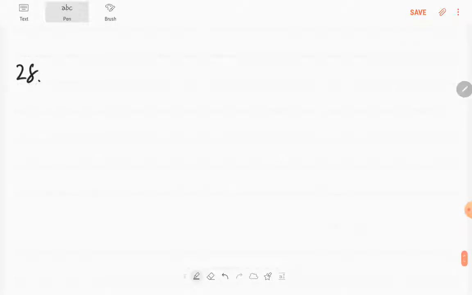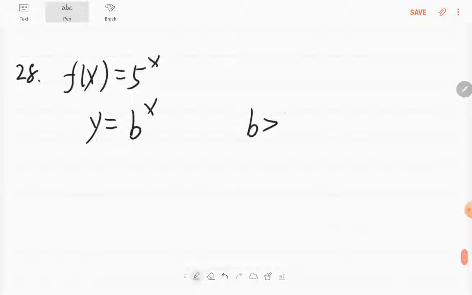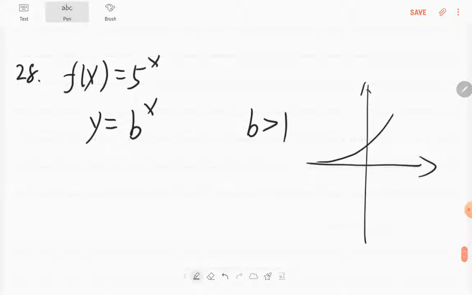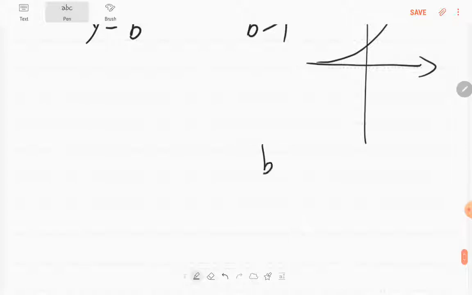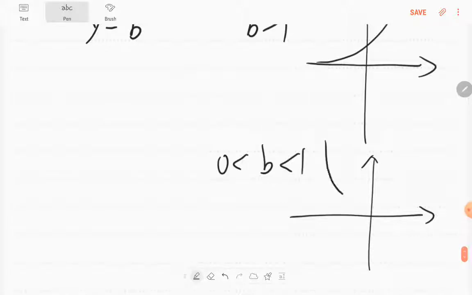Number 28. So we want to sketch the graph. Because it's a multiple choice problem, we know that if you have y equals b to the x, if b is greater than 1, the graph looks like this one. If b is between 0 and 1, the graph looks like this one.